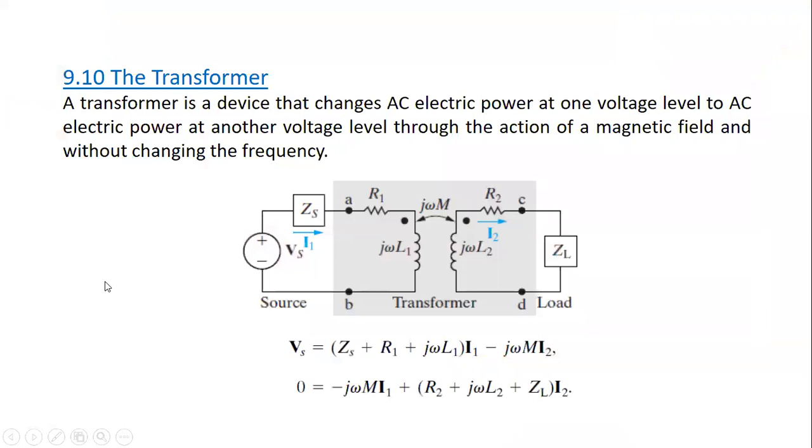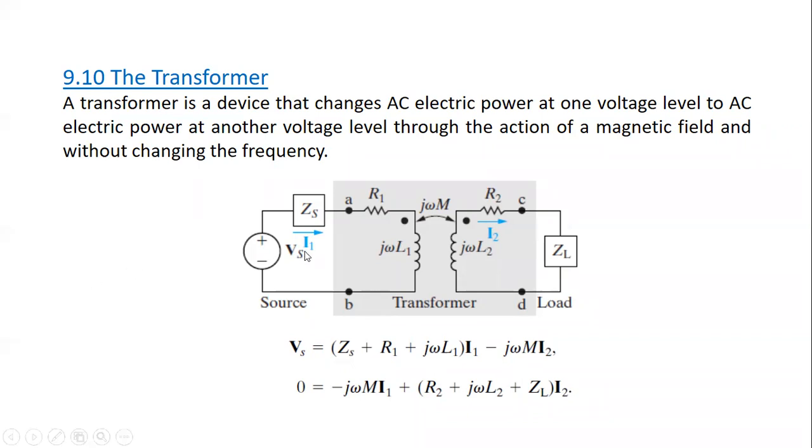The last topic in this chapter is the transformer. So we have an equipment which is the transformer, and without the invention of the transformer, we would not have a wide use of electricity. The transformer is the most important invention in electrical engineering that allowed us to use electricity and to transmit electricity over thousands of miles.